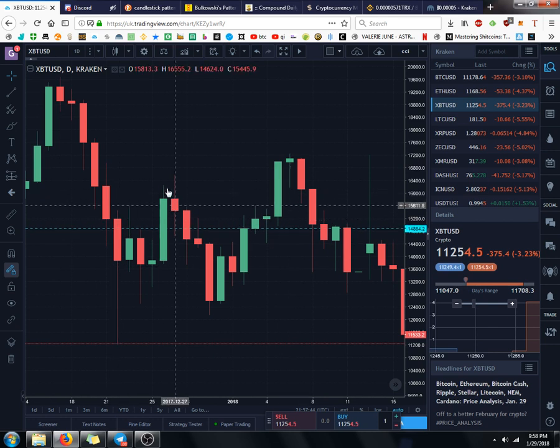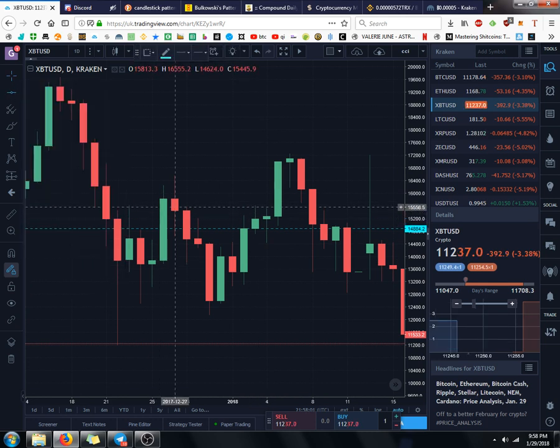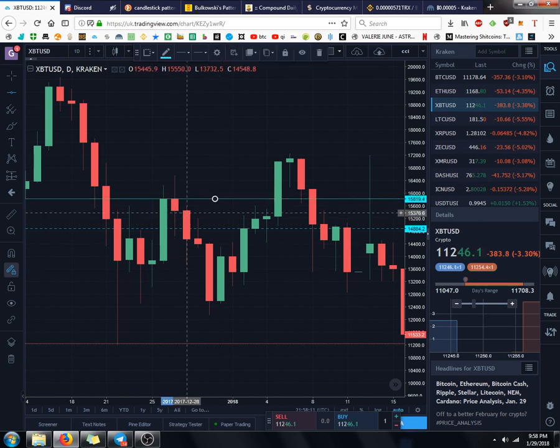The reason why you have a wick is because the wick shows you the absolute top price it went to in that day and the absolute bottom it went to. So for this red one, right, we know it started at the top of the candle because it's red, and it finished at the bottom of the candle because it goes down, right?